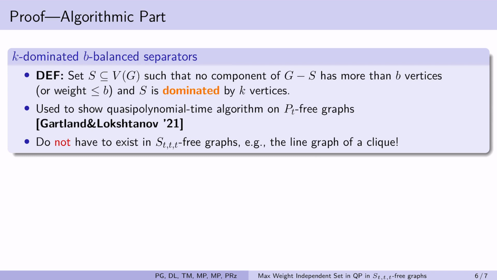But actually, we cannot use this anymore. First of all, STT-free graphs don't have to have k-dominated b-balanced separators because of, for example, the line graph of a clique. So those don't even have to exist. But there is another difficulty.